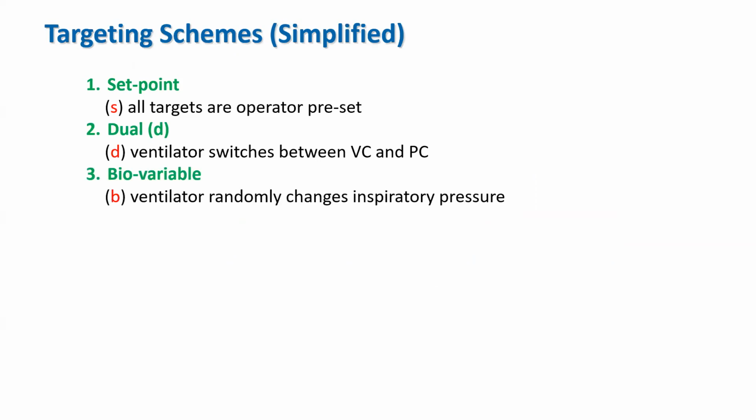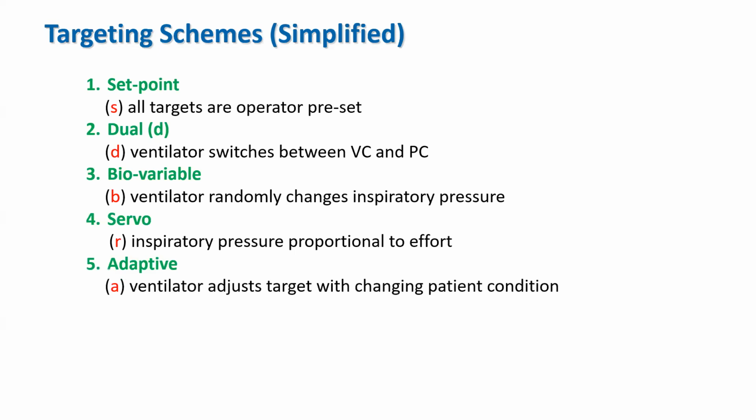limits. Biovariable means that the ventilator automatically changes inspiratory pressure randomly to mimic normal breathing. Servo targeting means that inspiratory pressure is proportional to inspiratory effort, like in the modes NAVA and PAV. Adaptive targeting means that the ventilator adjusts the inspiratory pressure to meet a tidal volume target on average.